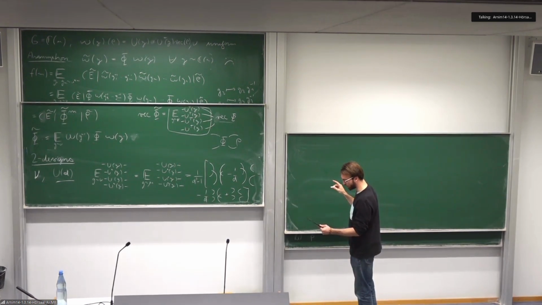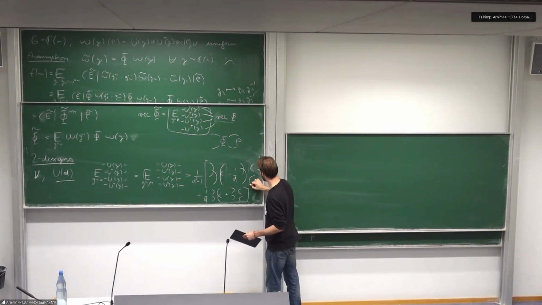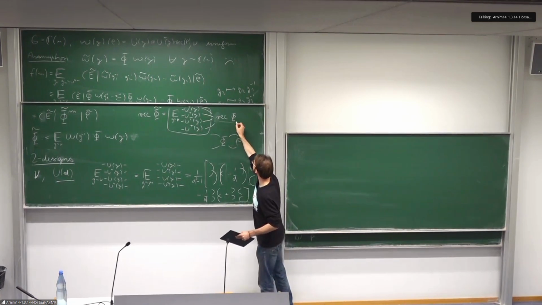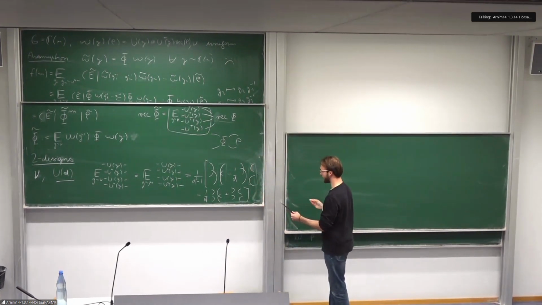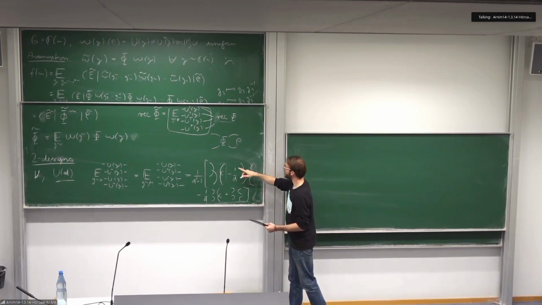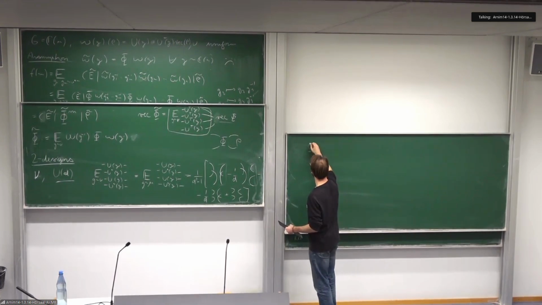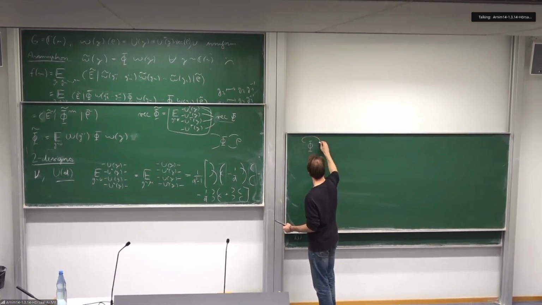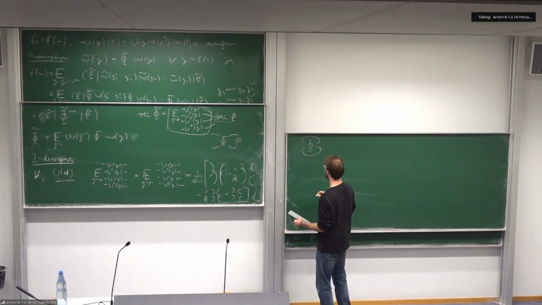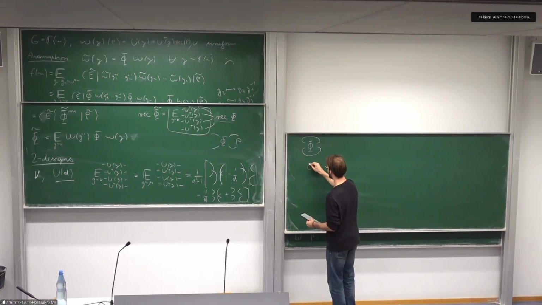And so now what we'll need is how these things act on my vectorized phi. And it's quite nice. If you take phi and we apply this to it, we get this kind of picture. And if we apply this to it, then we get this kind of picture.